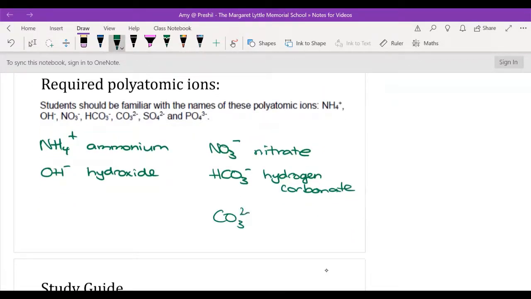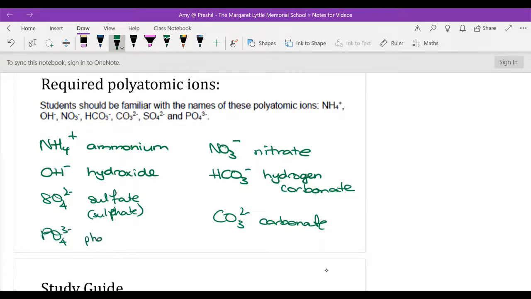CO3 2- is carbonate. SO4 2- is sulfate. You can also write that with a pH. And you've got PO4 3-, which is phosphate.